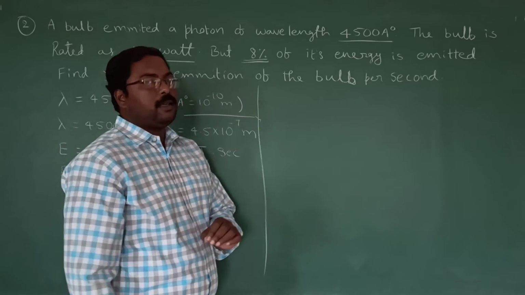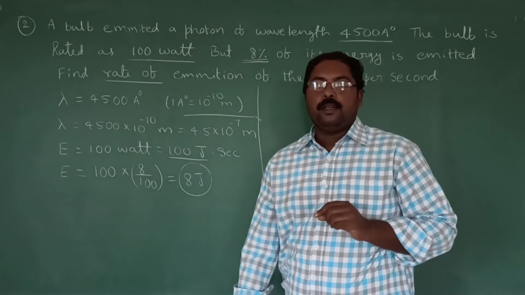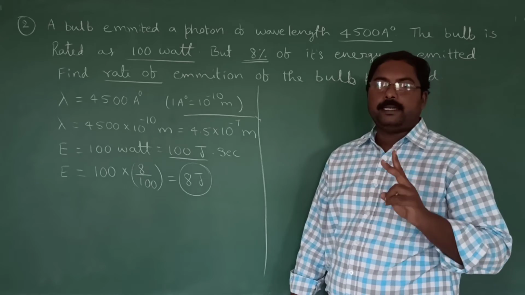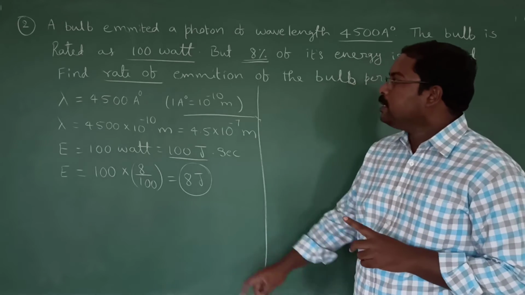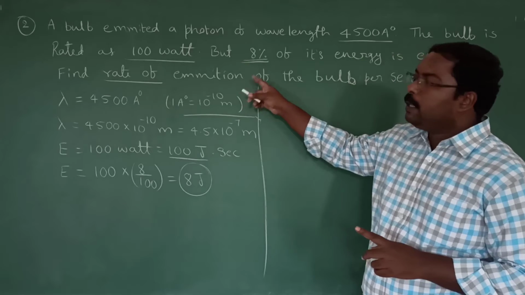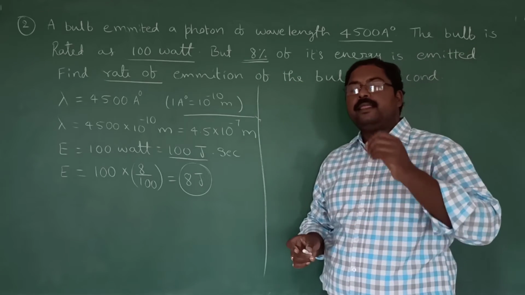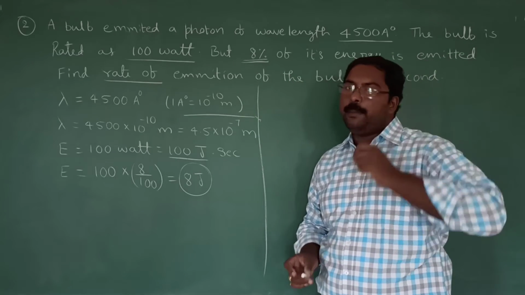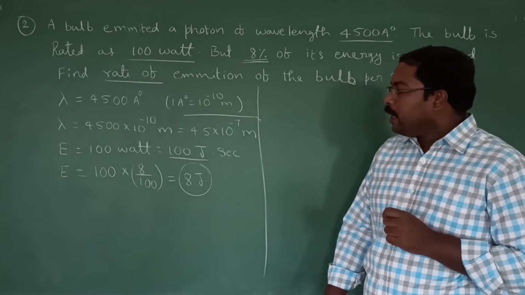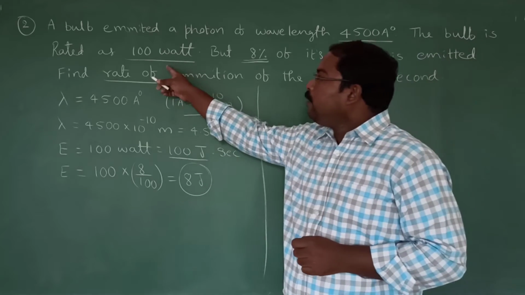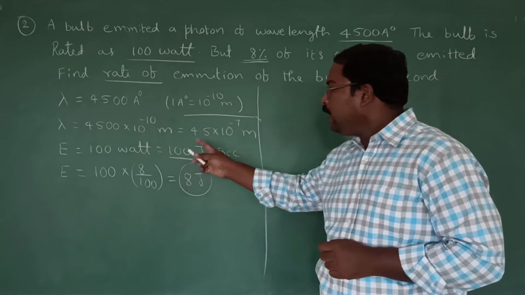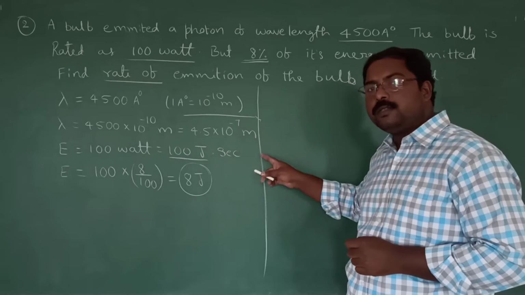Got the logic? Regarding this question, we need to focus on 2 points. The first point is the rate of emission from the bulb is nothing but the number of radiations emitted from the bulb. And one more thing, 100 watt is nothing but 100 joules per second.